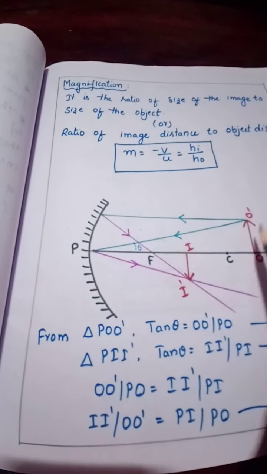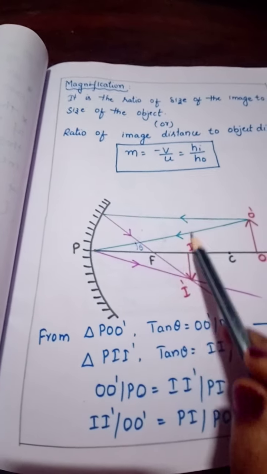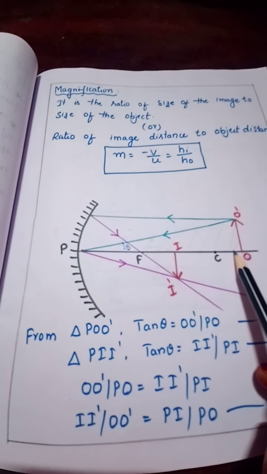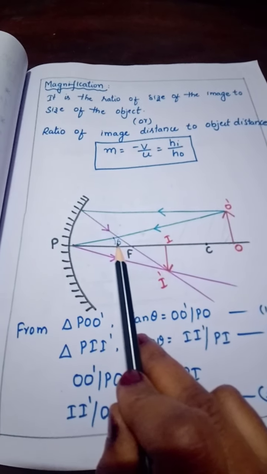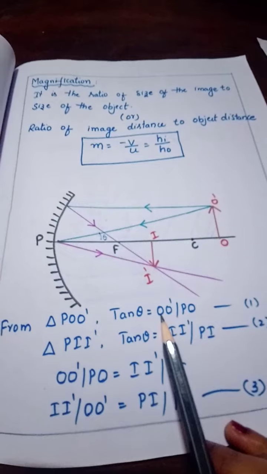POO dash. From this, it is a right angle triangle. Here is the angle theta. If you want to write tan theta, this is opposite side by adjacent side. Opposite is OO dash, adjacent is PO.